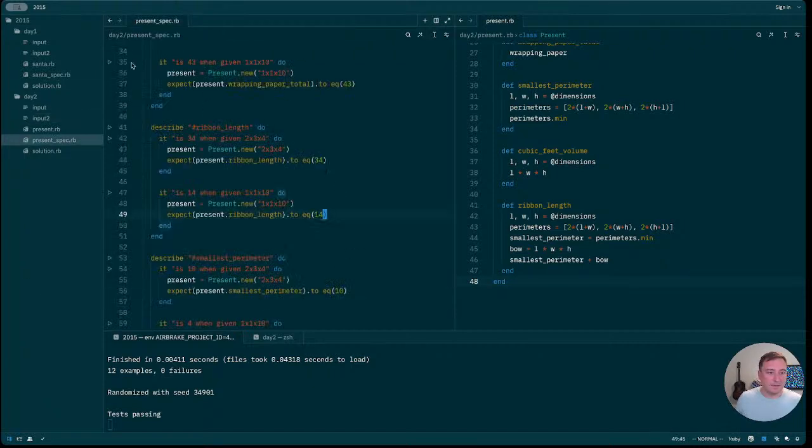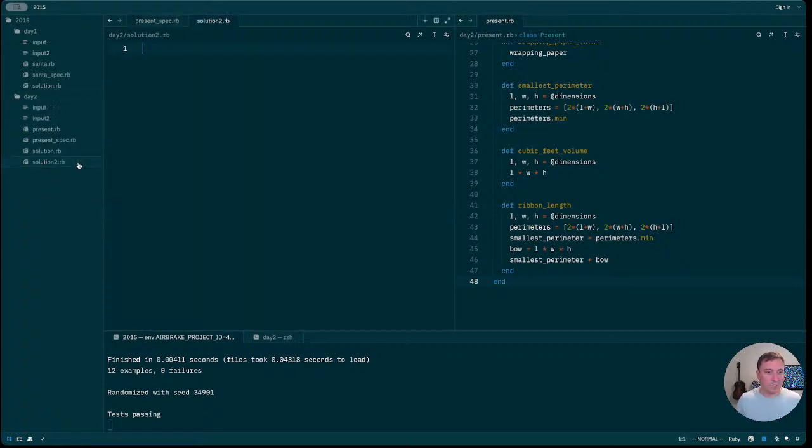Save that, and let's go ahead and create solution2.rb.